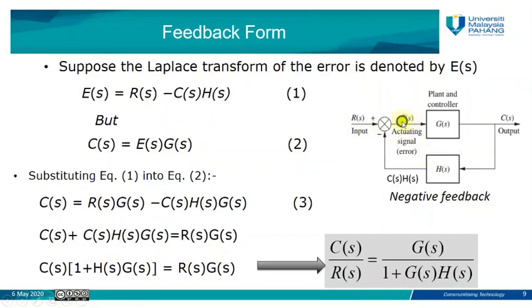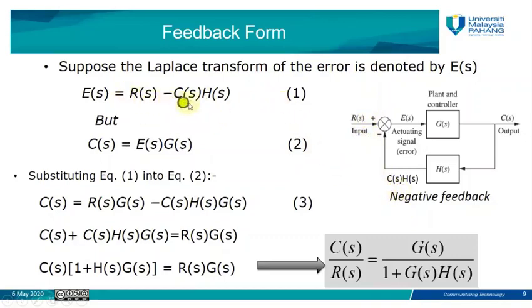Usually the signal ES here represents the error signal. The error signal comes from the input value minus the feedback value. So ES can be represented by equation number 1: ES is equal to RS minus CS HS.